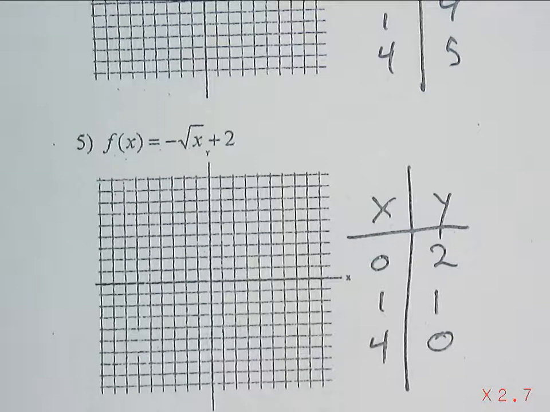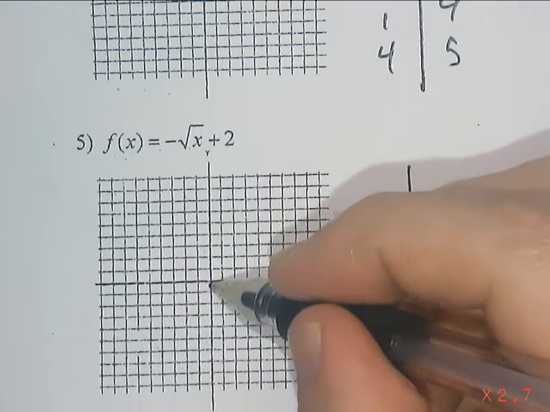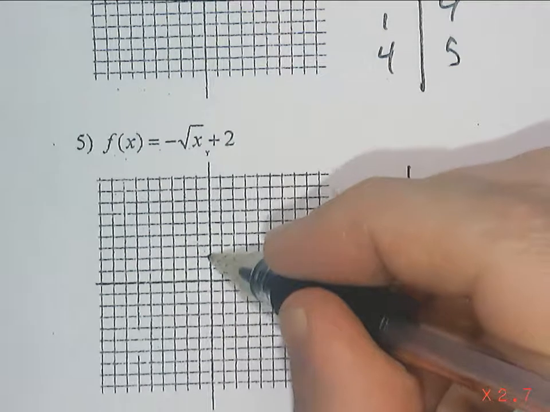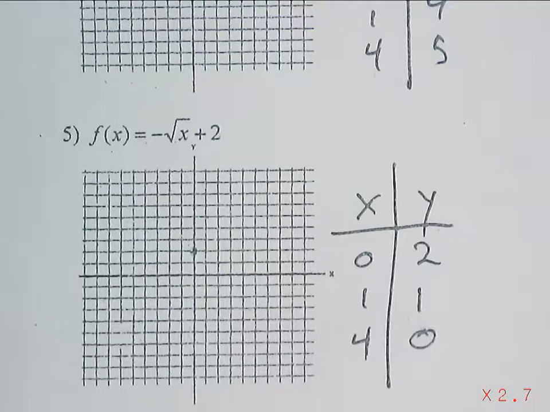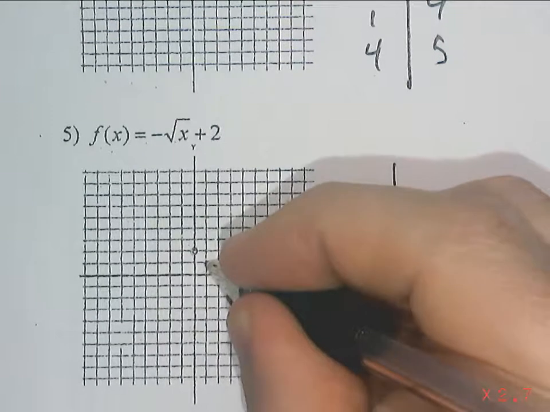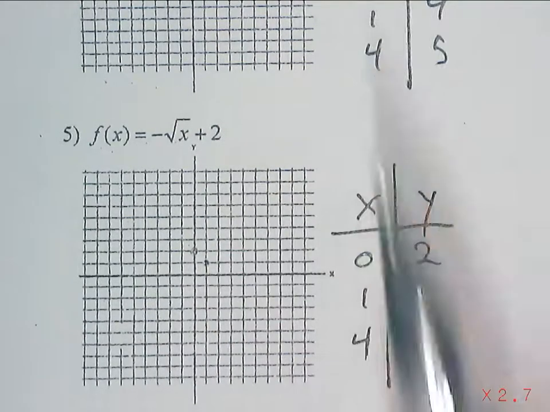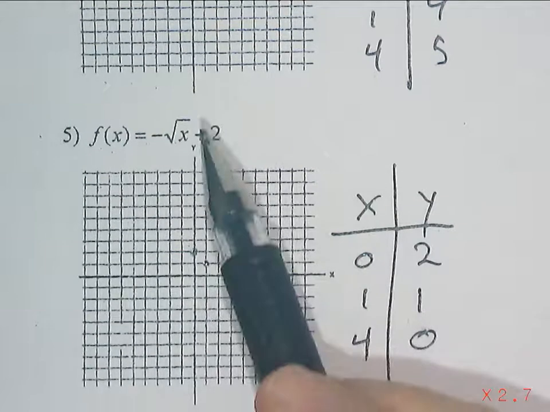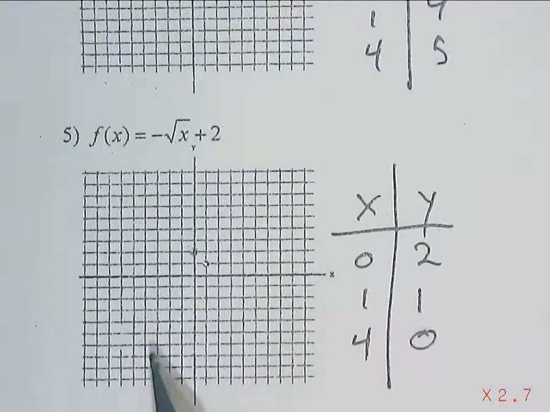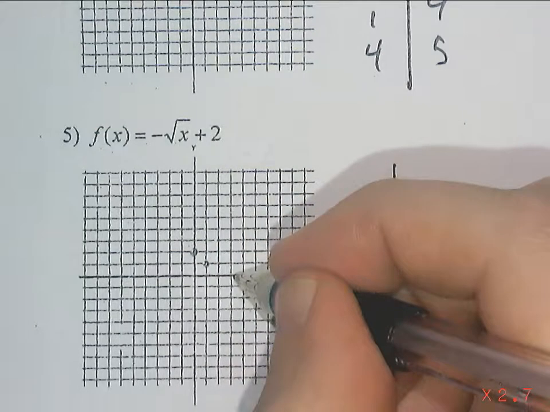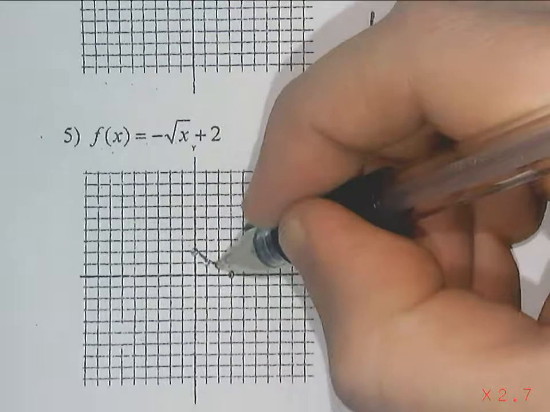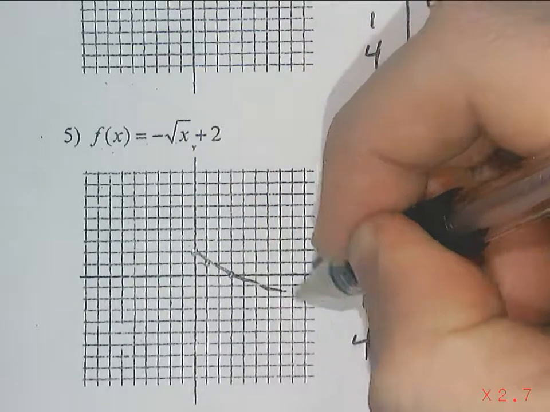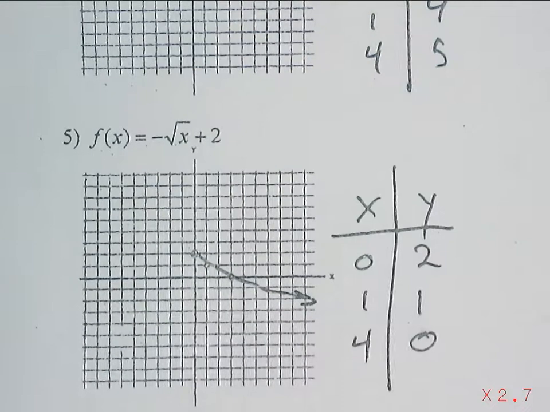So let's see what our line looks like. It starts up because of the vertical shift. It moved up 2 spots. Okay, but then at 1, 1, it's kind of where it is normally, right? 1, 1. But it's kind of moved down this time, right? And then 4, 0 would be right there. If we were to graph this line, it would look something like this. Okay?